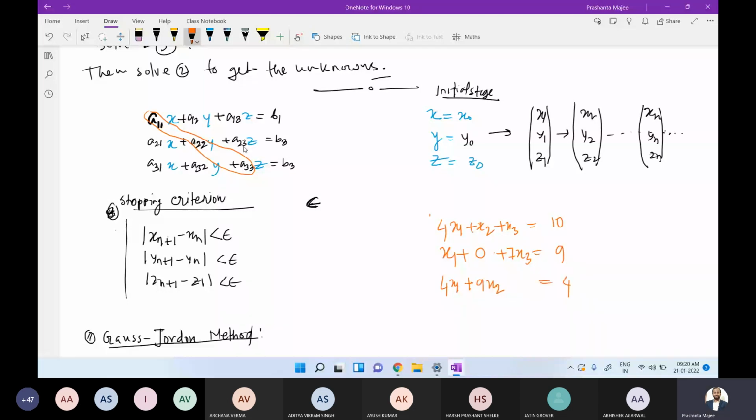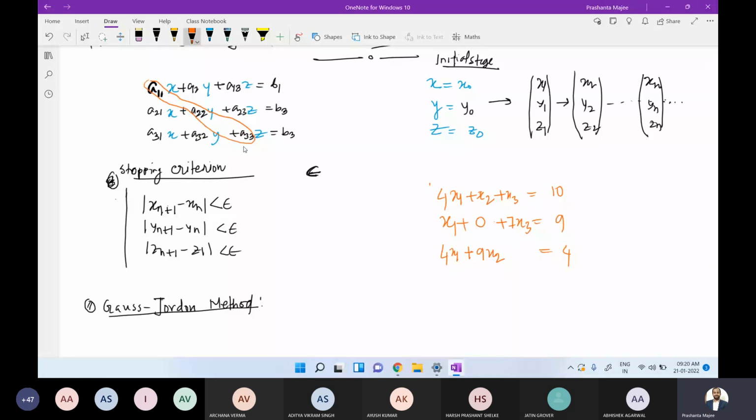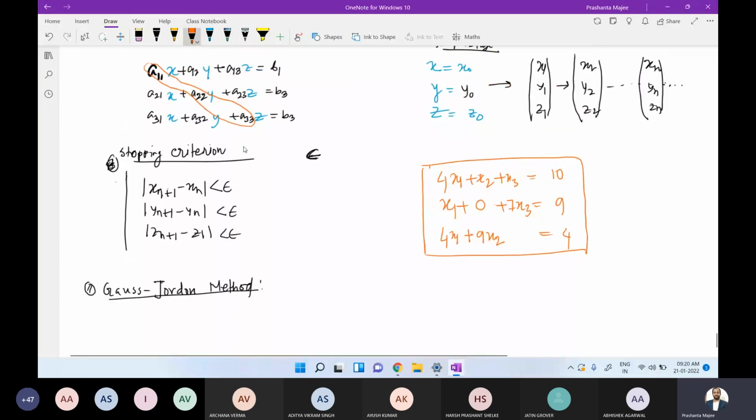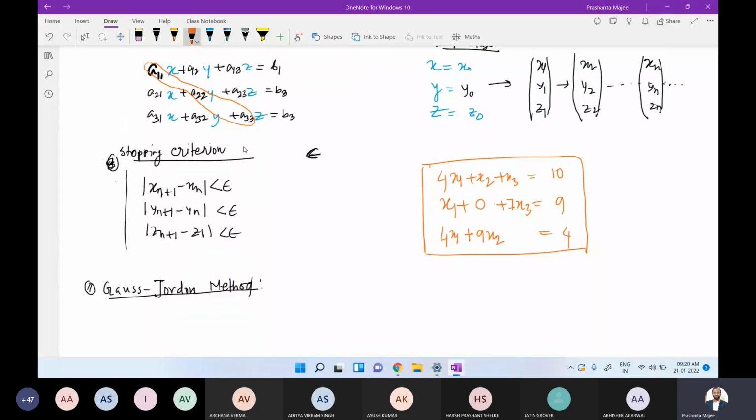So here you will not be able to apply that scheme directly. You will know why. So first let us see how to create the iterative scheme in Gauss-Jordan method.